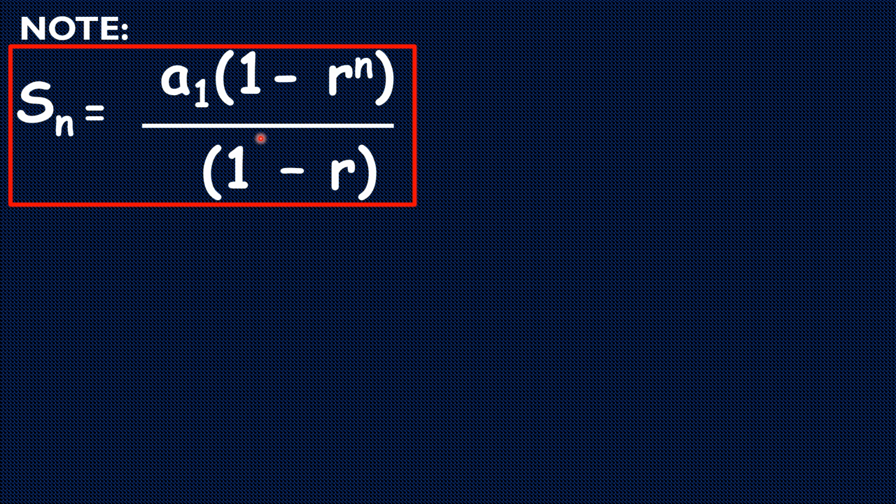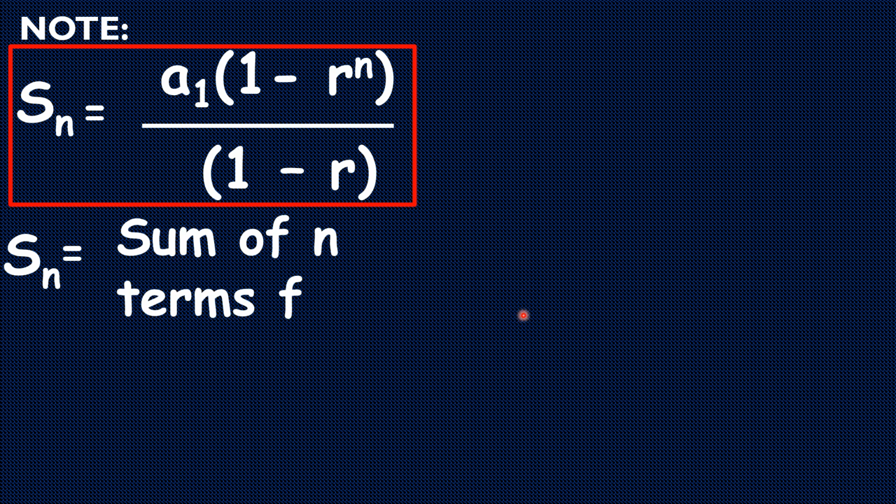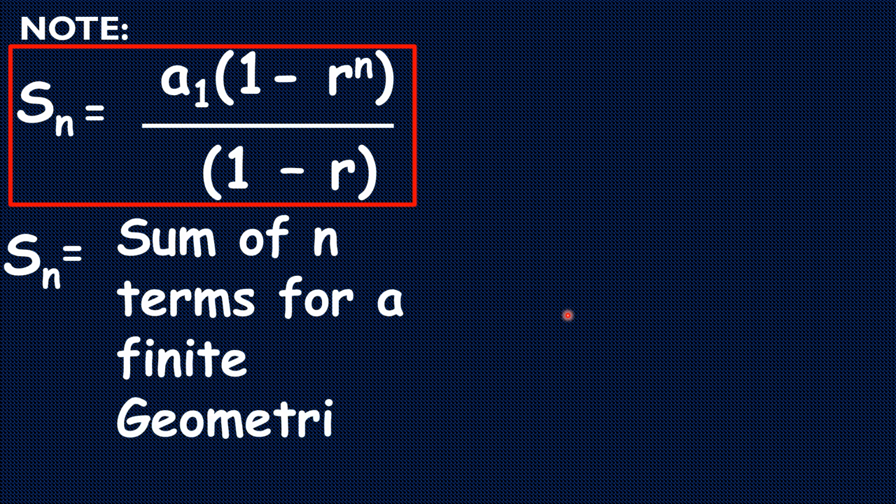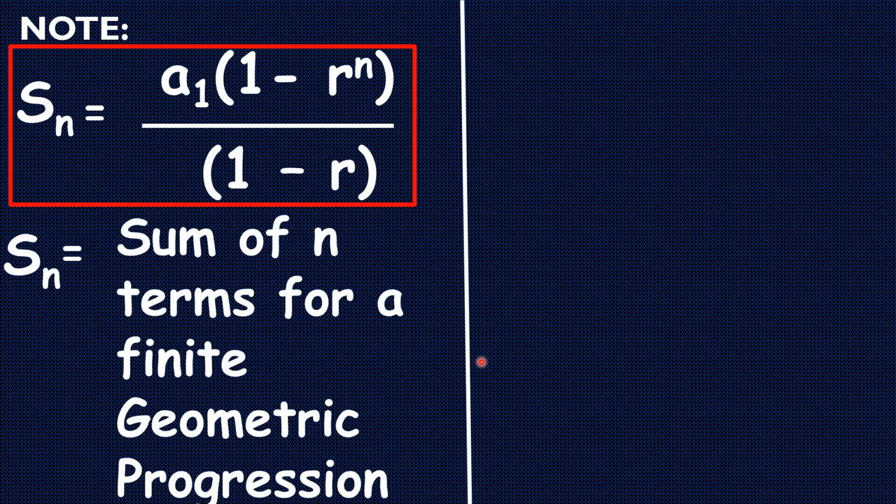That is, we know exactly the number of terms in that sequence or series, and that's why we have the subscript n. So the sum of n terms, which is S subscript n, is the sum of n terms of a finite geometric progression.